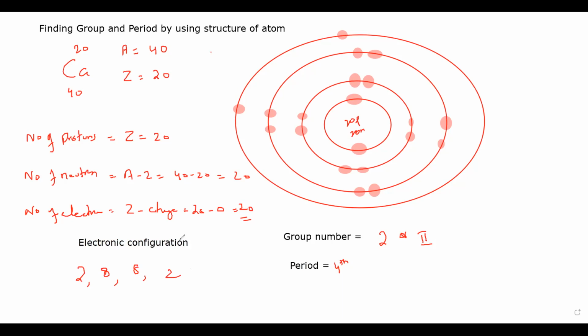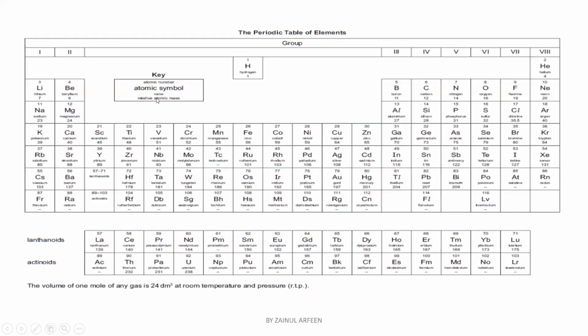And you can confirm from the periodic table whether you did it correctly. We worked out group 2 and period 4, so I will check the periodic table. We worked out calcium from the structure and we check that it belongs to period 1, 2, 3 and 4, the 4th period. That's the same thing we worked out from the structure, that it is the 4th period and the second group.